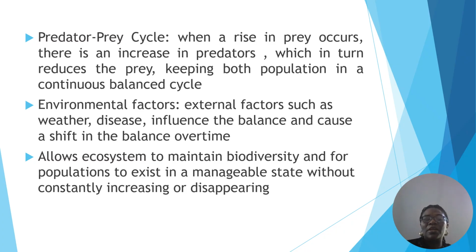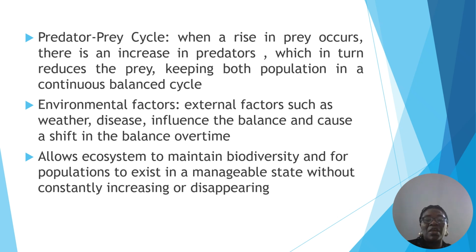Then another thing is you have ecosystem maintaining biodiversity in a particular place where you have a dynamic equilibrium population. You have the number of different types of organisms in that particular place at a manageable state, that is, without constantly increasing or decreasing or disappearing.